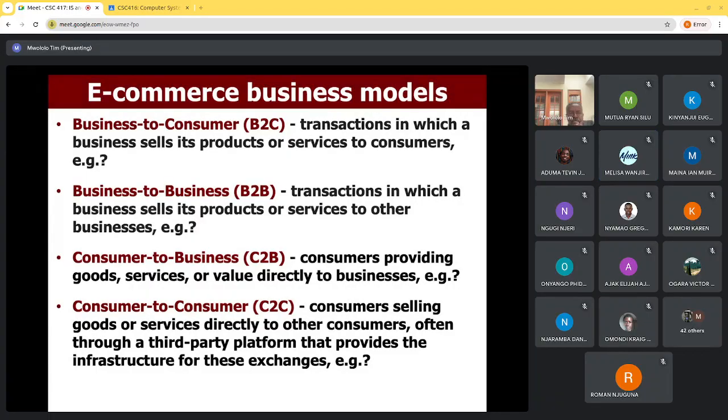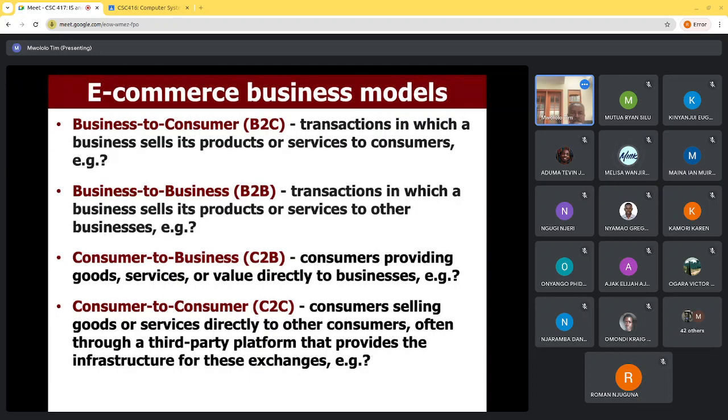I think it's business to consumer, because that is a business. Netflix, for example, is a business, and you have consumers who are subscribing, so they are buying services. For me, it's a B2C. Do you agree?